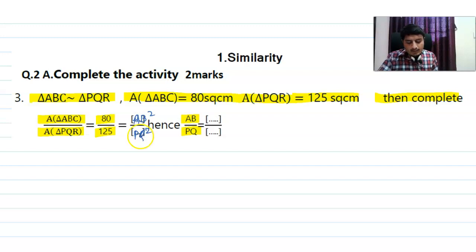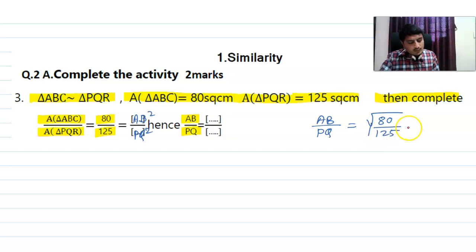Now we are evaluating the ratio of sides of the triangles, so taking square root on both sides, we get AB divided by PQ, because the square and square root cancel for AB square, and for PQ square they cancel too, giving PQ. That equals the square root of 80 divided by 125.